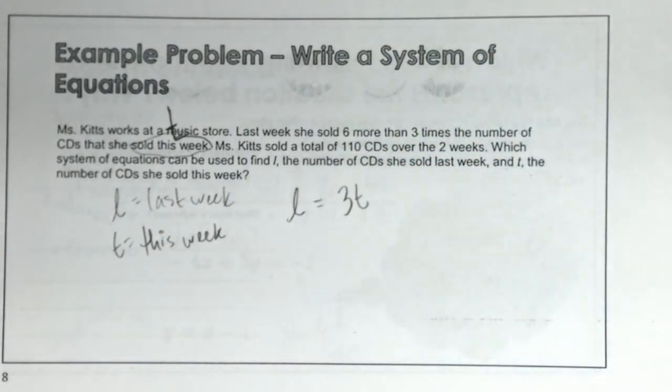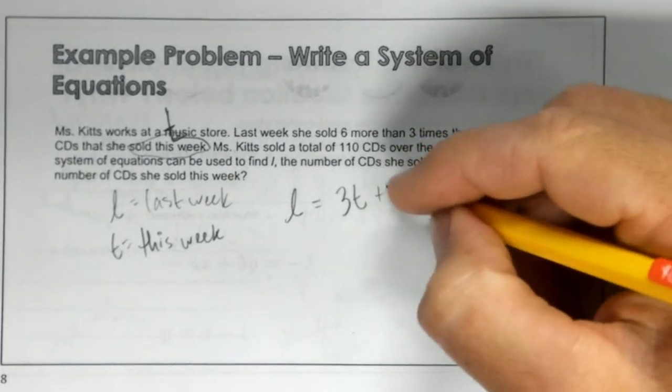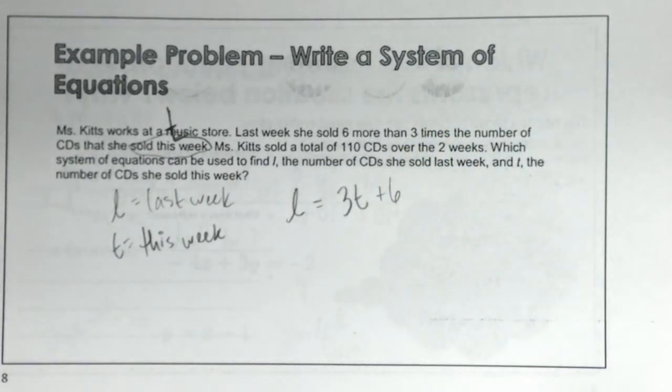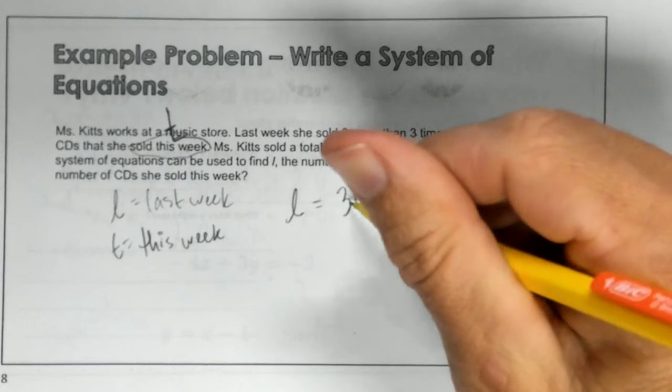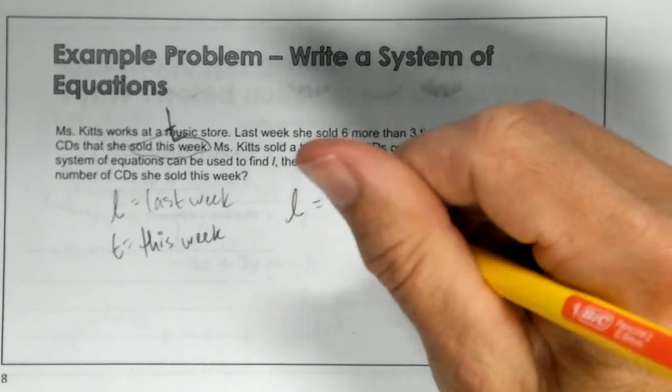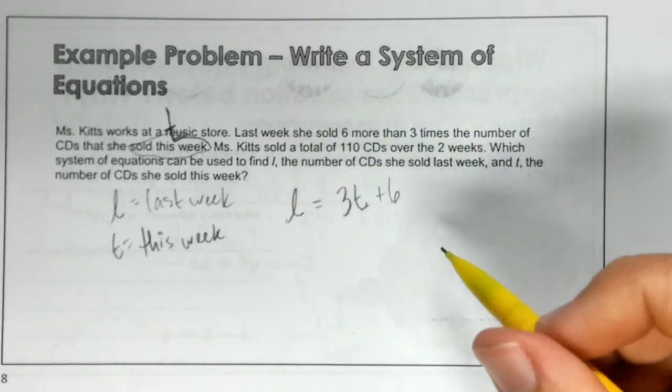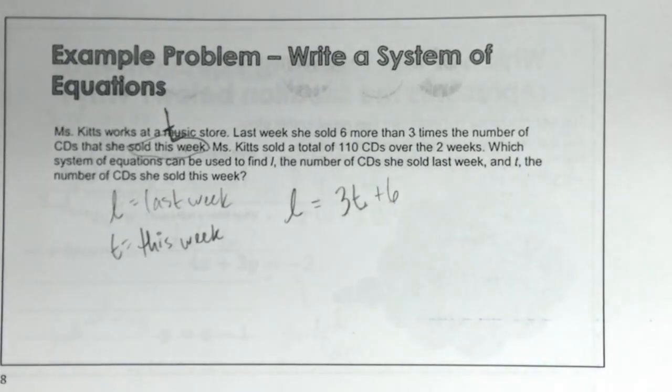But she sold 6 more than that, so 3T plus 6. There is your first equation.